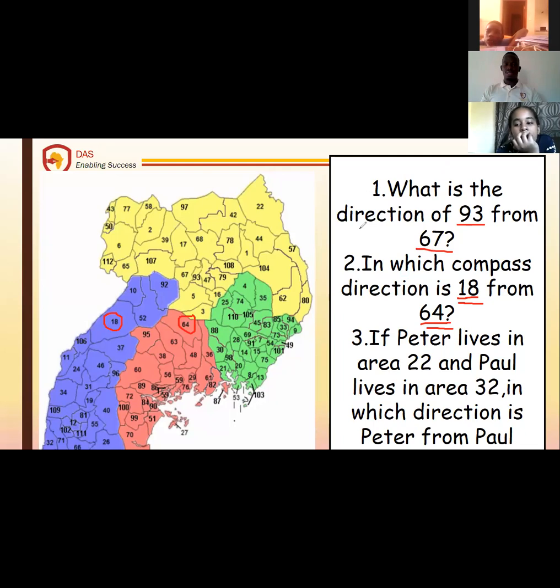Nakamate, your answer is already correct, okay? Now, children, what do we do? What is the direction of 18 from 64? It means we are standing at 64. We make there a compass, like this.